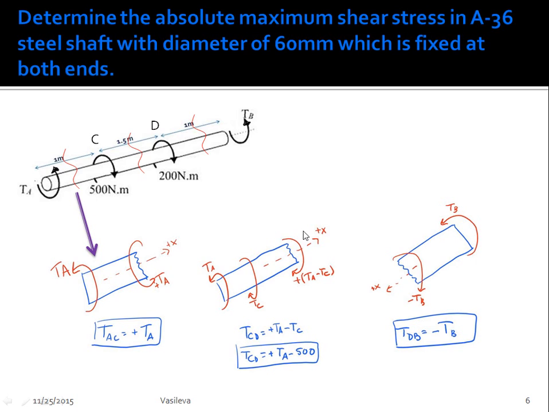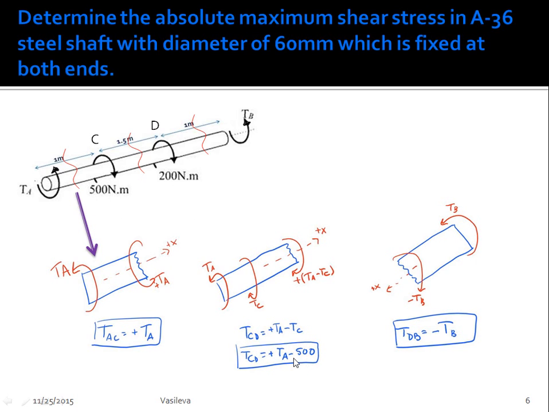So what I'm going to end up needing is a torque going in this direction to combine with TC to balance out TA. So I end up with TA minus TC. That will give me the magnitude that I need, and because it's in this direction, it's going to be positive. So TCD, the torque for section CD, is going to be TA minus TC. And we said that TC is already given to us as 500.